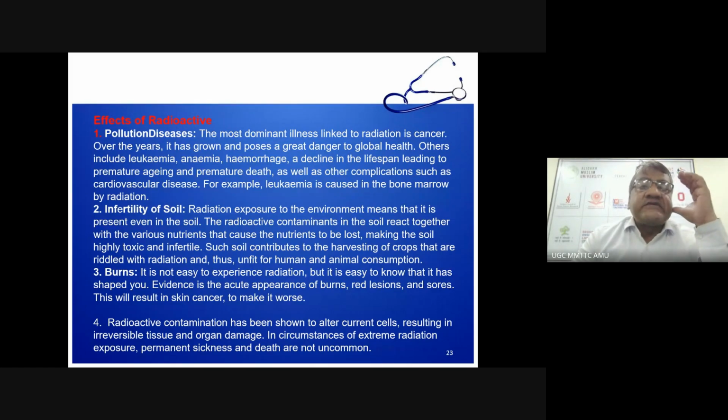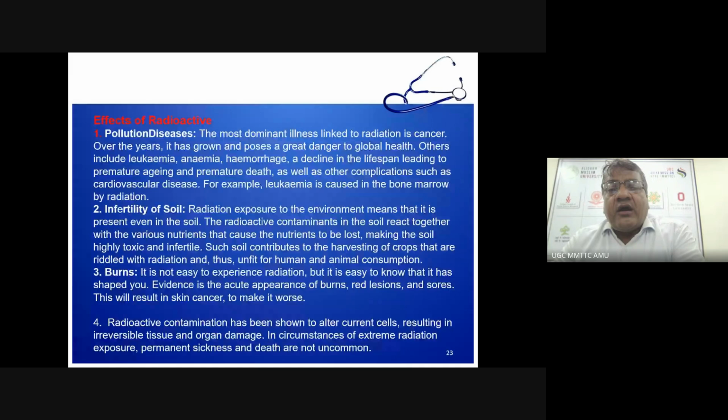Now, number two effect of radioactive pollution is infertility of the soil. Radiation exposure to the environment means that it is present even in the soil. Radioactive contaminants in the soil react with the various nutrients present in the soil, and that causes the nutrients to be lost, making the soil highly toxic and infertile.